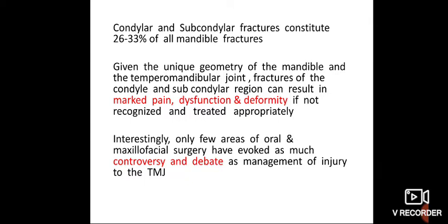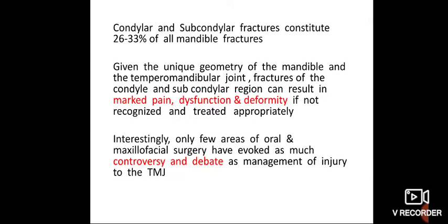Deformity: as I said in the last class, for any mandible fracture you need to take an OPG, because especially in children or teenagers, growing individuals, it can end up with temporomandibular joint ankylosis. That is deformity. Dysfunction can lead to internal derangement, from mild subluxation and luxation to internal derangement. Pain can be there right from the moment of injury, long lasting, and it will turn out to be chronic pain.